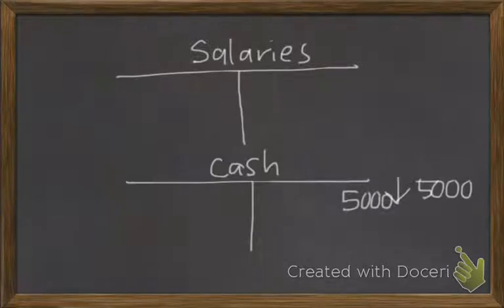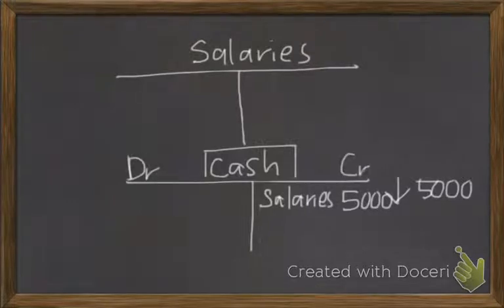Cash is reduced because of the payment of salaries. Don't forget to identify the debit and credit. Now, salaries is an expenses account.